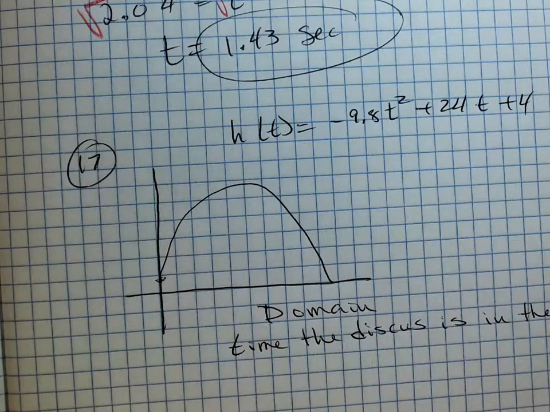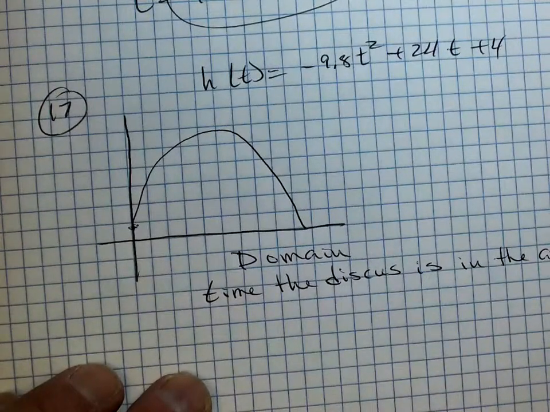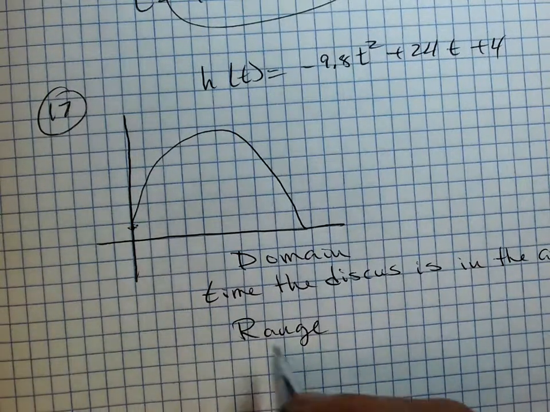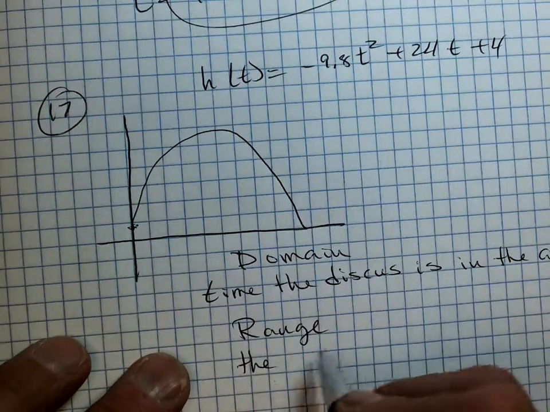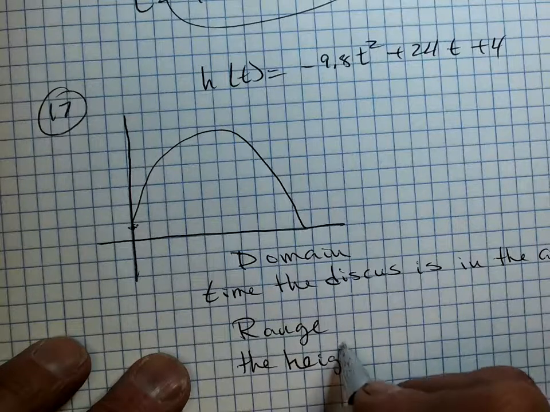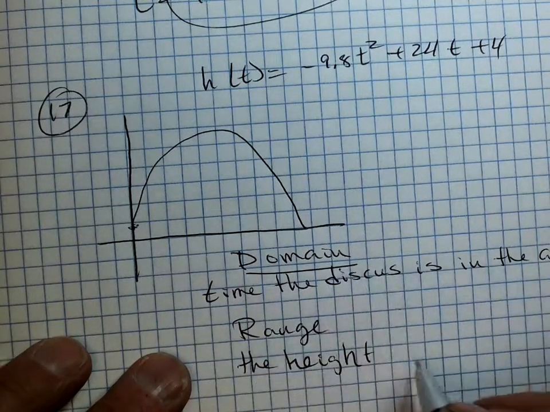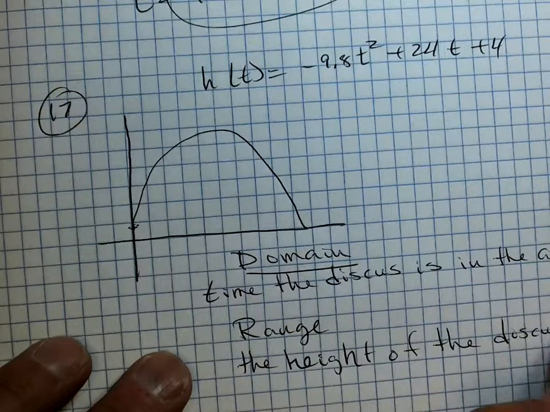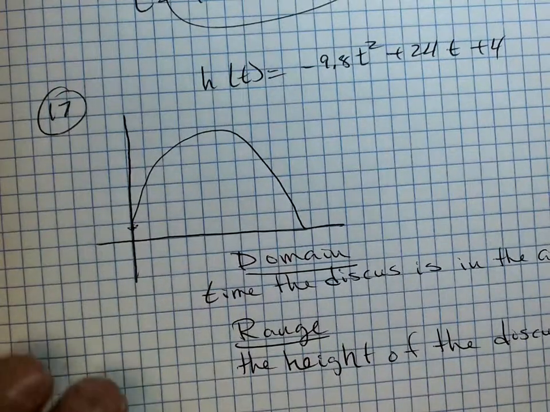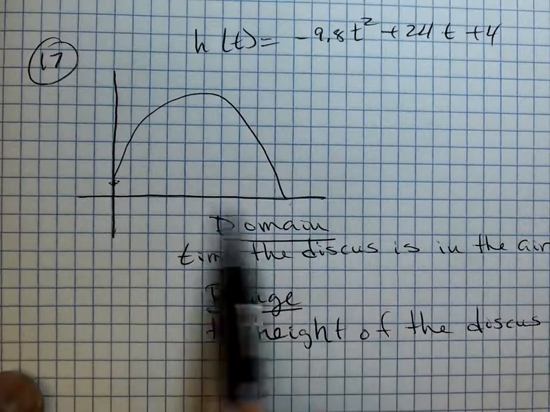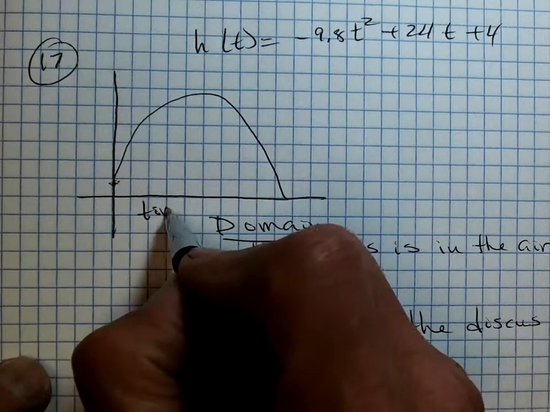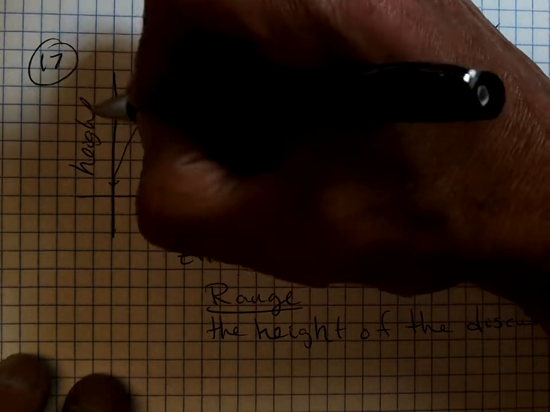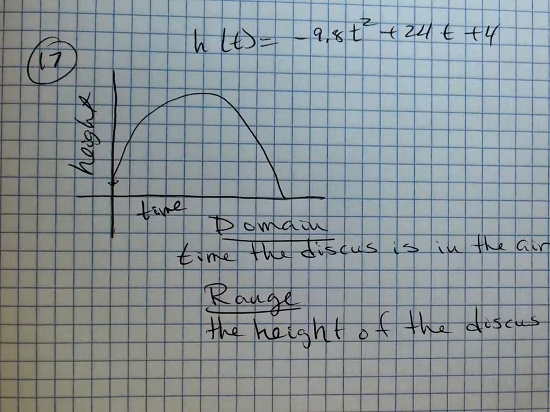The range is simply the height of the discus. So the domain just describes time in the air, and the range is the height that the discus goes in the air.